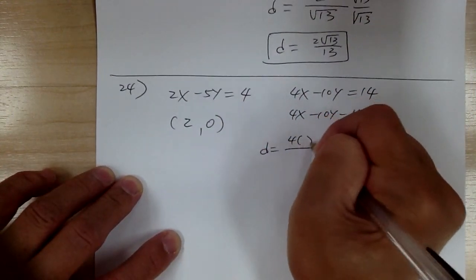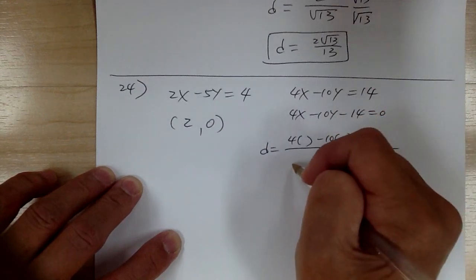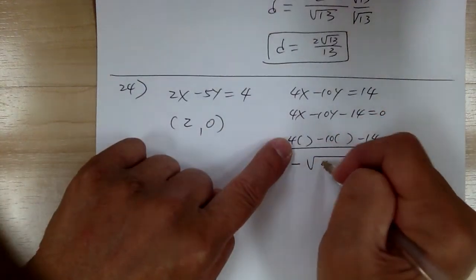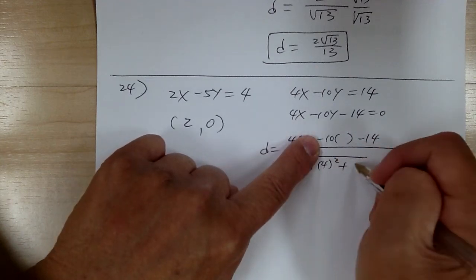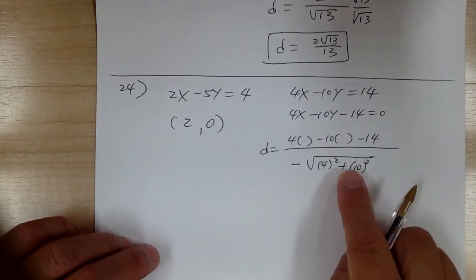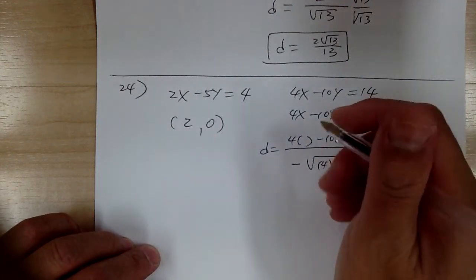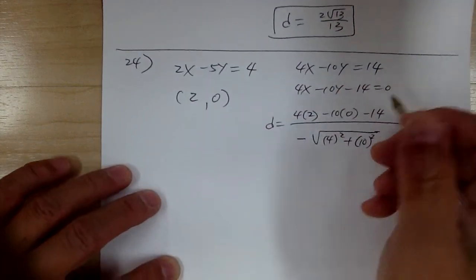So now you can use your distance formula. So 4(x) - 10(y) - 14 over negative square root of 4 squared plus 10 squared. Again, Pythagorean theorem, so it's always plus over here. So once you get your template, you can put the point in here. So you got 2 and a 0.